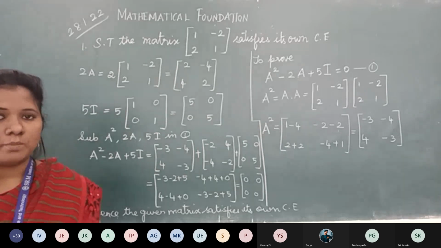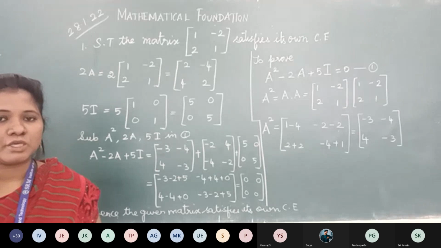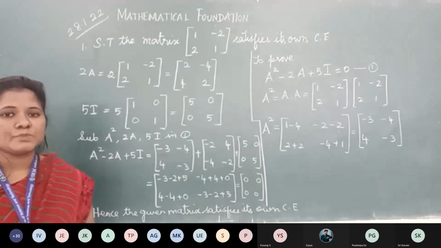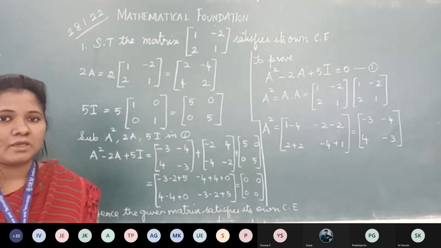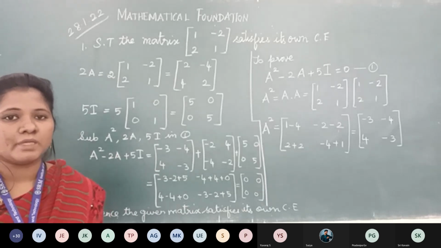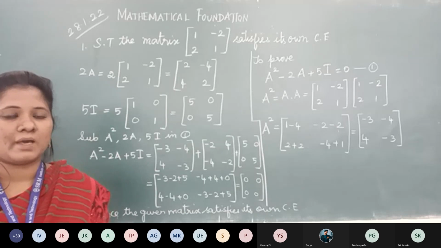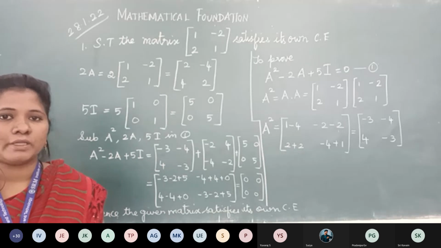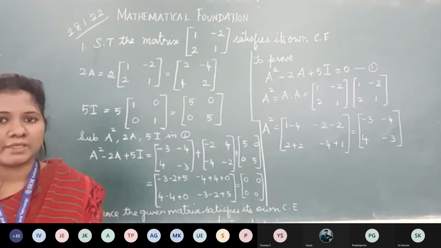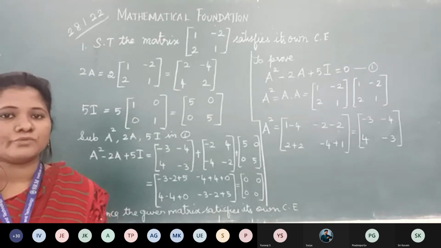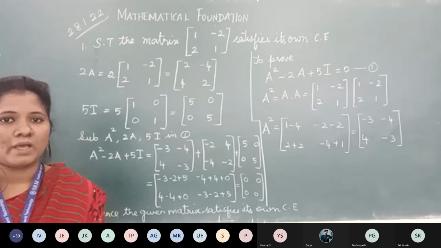If they're giving a problem and asking you to prove the Cayley-Hamilton theorem, the first step is to find out your characteristic equation. After finding it, instead of lambda, you will take your given matrix. Whatever notation you've got in your question, write accordingly.